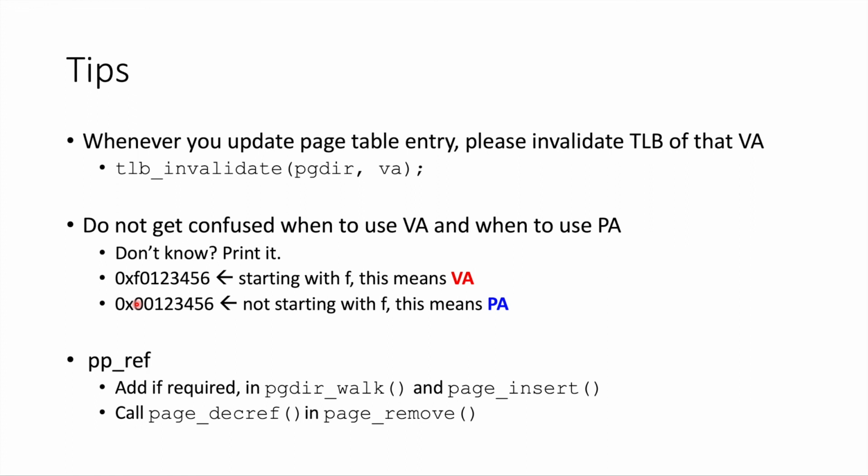But for physical structures, for example, page table or page directory, they do need you to put the physical address of the corresponding page table or corresponding physical page. So please be aware of when to use a physical address and when to use a virtual address.